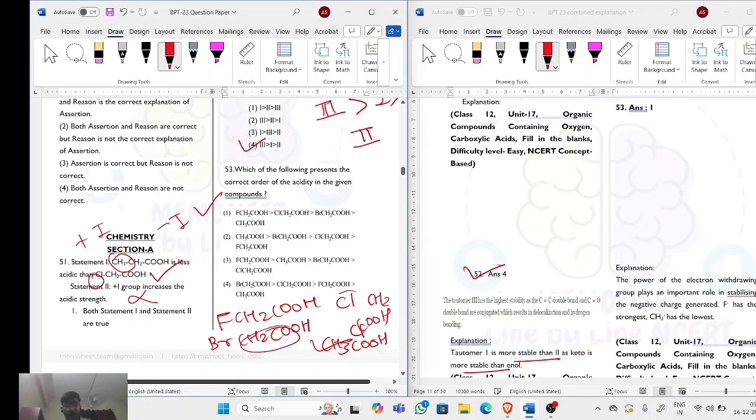Here Br, here Cl and here F. Increasing the minus I effect will increase the acidic property. So which one will have the highest minus I effect? The highest minus I.